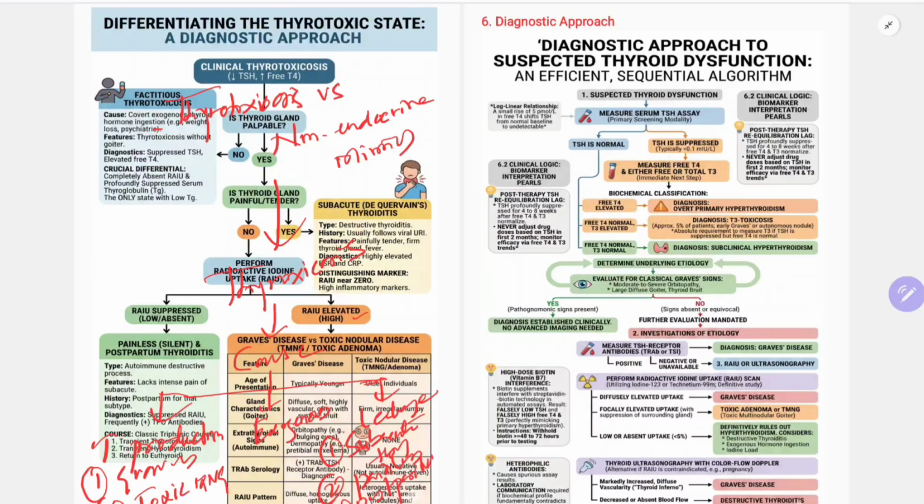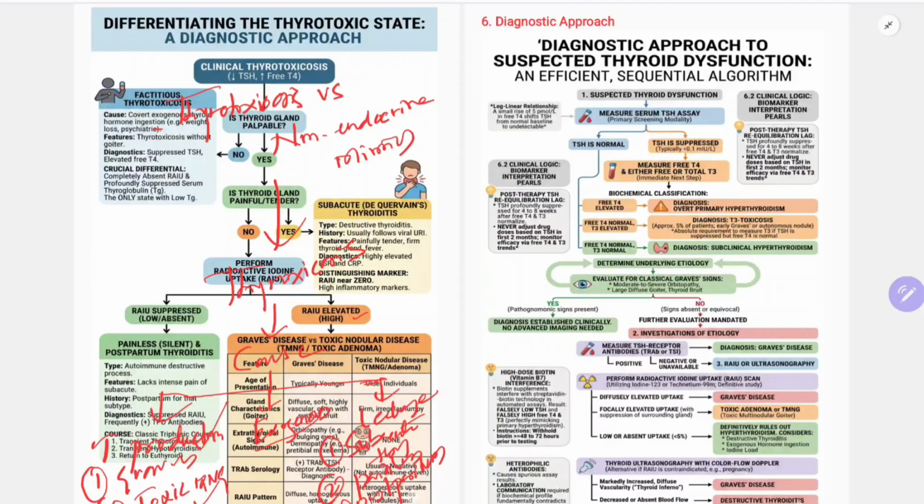In history, in Graves' disease you will have a diffuse enlargement of the thyroid gland which is painless. In toxic MNG you will have painless enlargement, but it is not homogeneous, it is heterogeneous. In exogenous you will not have any enlargement of the thyroid gland.